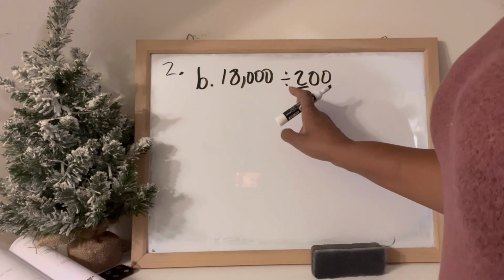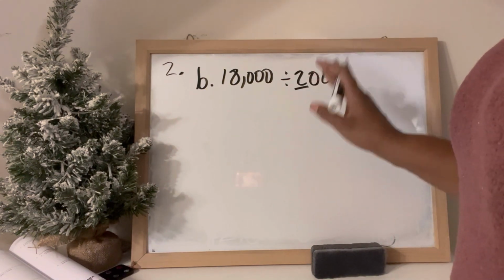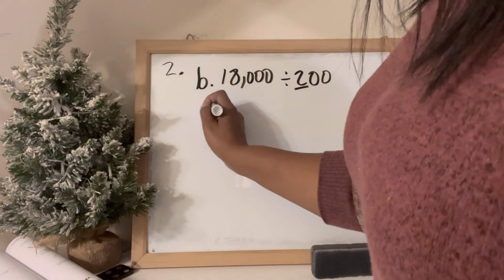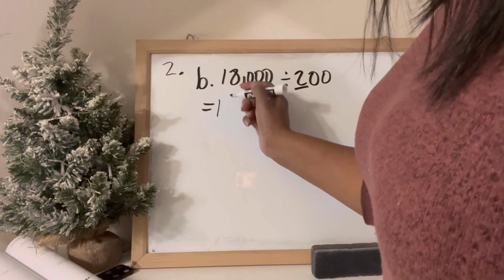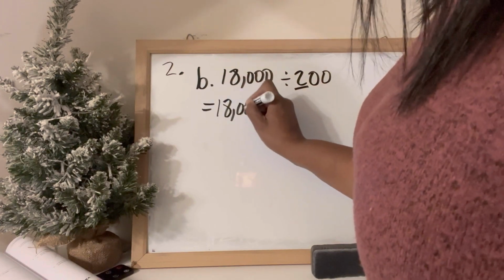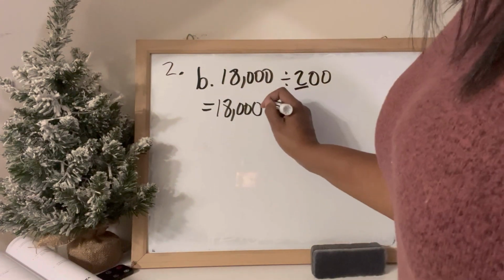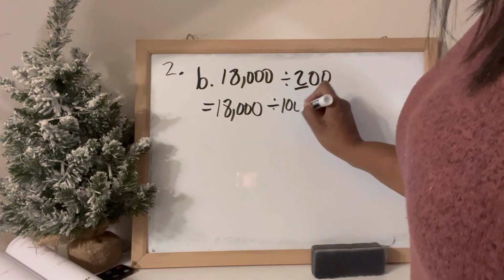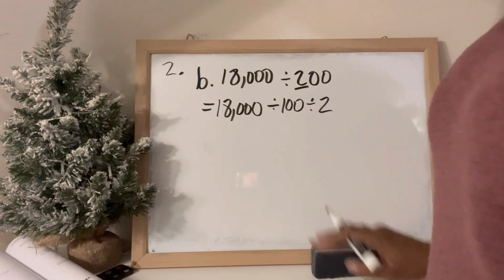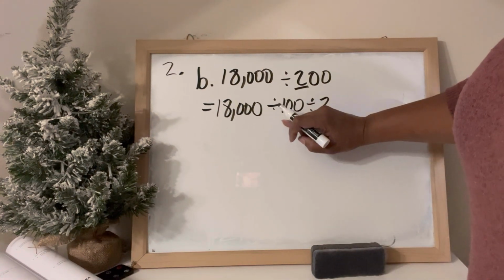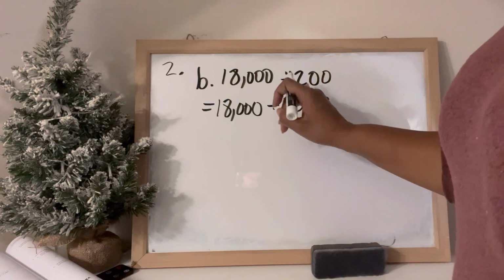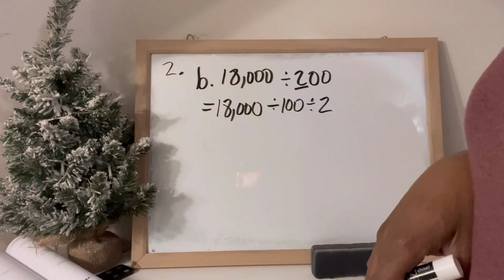But because the divisor begins with a 2, we're going to do it just a little bit different. So for this, we'll put equal 18,000. And then we'll take this 200 and we will represent it as 100 divided by 2. So we're representing it as 100 because this is a 100 number. And then the 2, we're getting it from here.